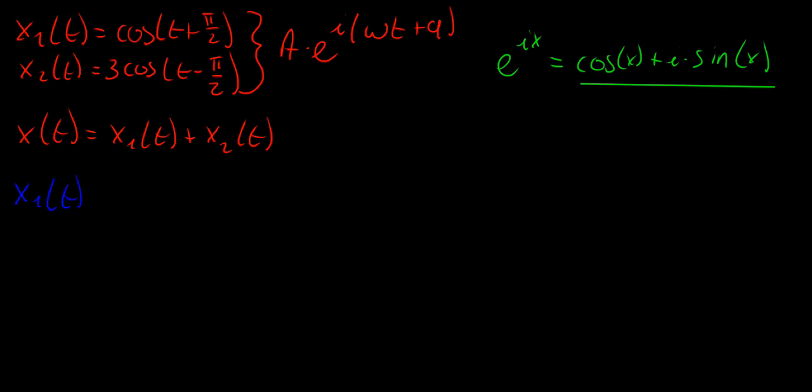For x1, we're going to say that we are looking at the real part, and we're just filling in what we have up there with the formula of Euler. We are just looking at the real part because we just have the cosine, so it's not the whole Euler's formula, it's just the real part of e to the power i times t plus pi divided by 2.